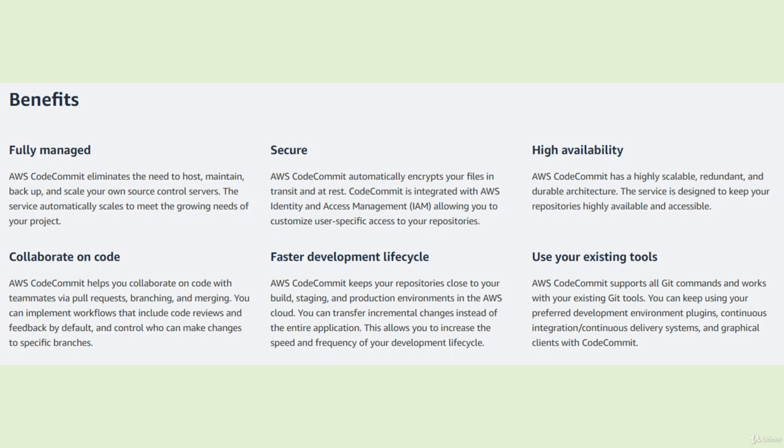The security is powered by the authentication of the unique IAM system, which is a unique feature of the Amazon Cloud. It has high scalability. You can use your existing tools, different kinds of development plugins, environments, and different continuous integration and delivery systems, with graphical clients as well as command line utilities.